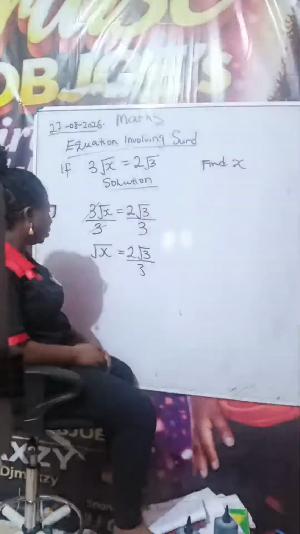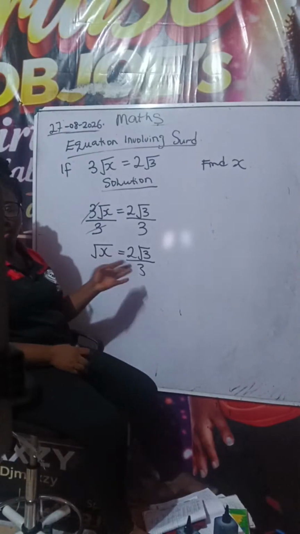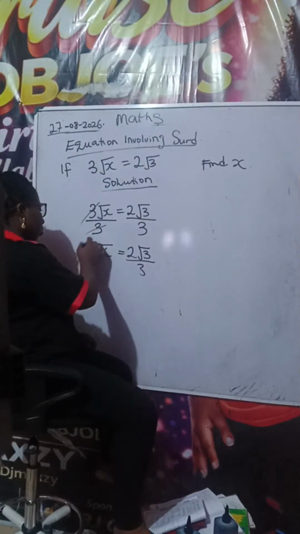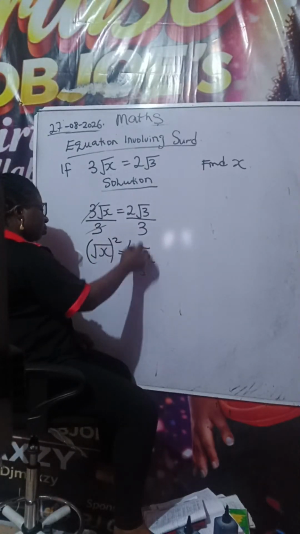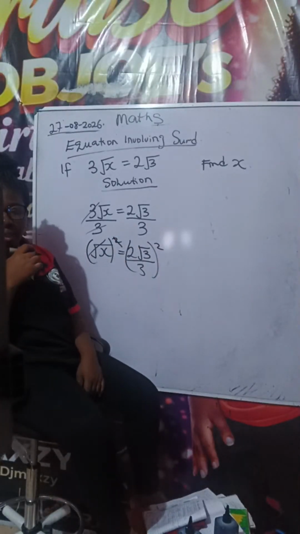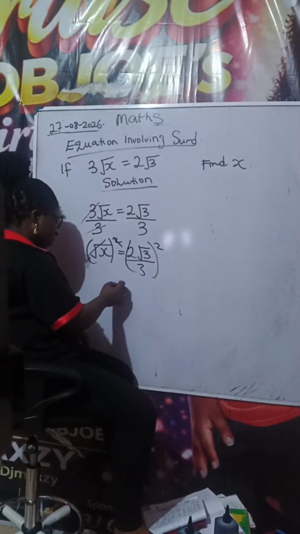So what next again? All we need to do now is remove the sign of the root. We are going to take the square of both sides. So we square here, then we square here. This is removed, and I'm left with x equals.